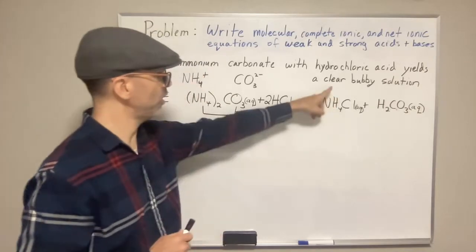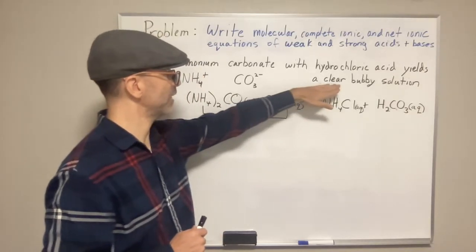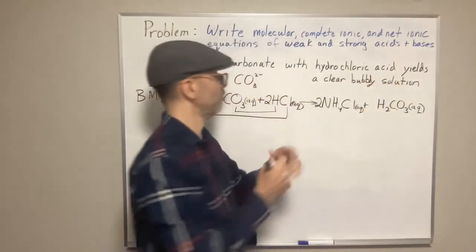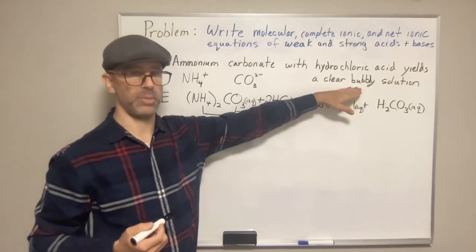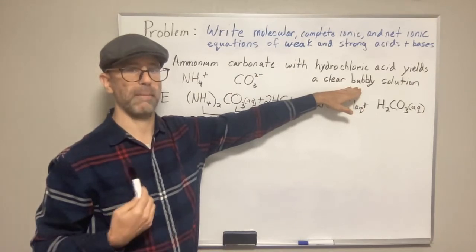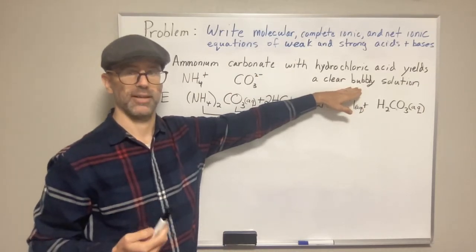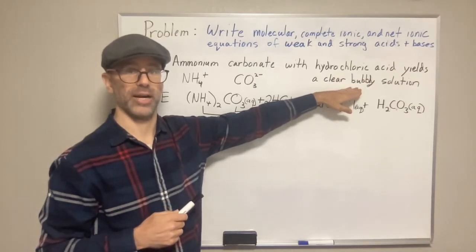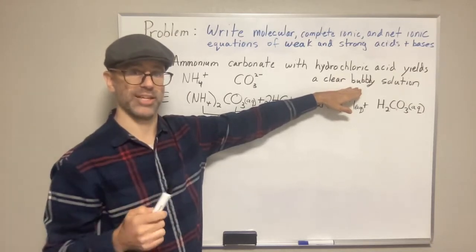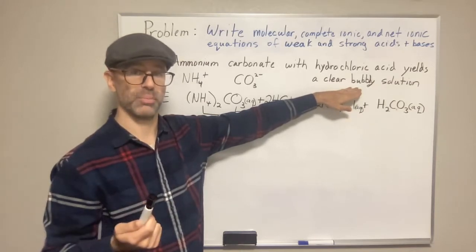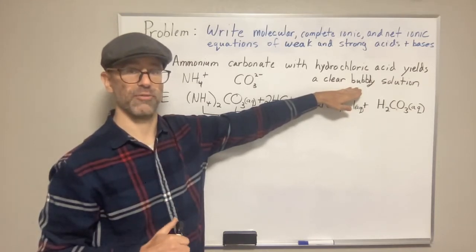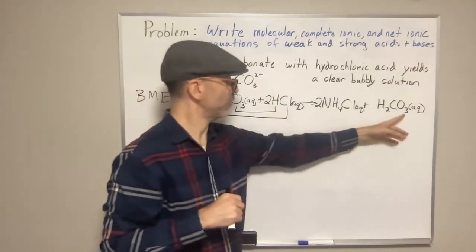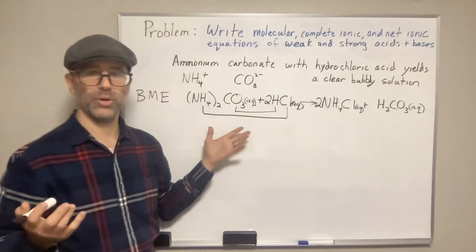But notice that it's saying it yields a clear bubbly solution. What does the bubbly mean in this case? Why is it bubbly? It's because there's a gas being formed, right? So whenever you have a reaction and it bubbles, a gas is being produced. That's an indication that you're forming a gas. But if we look here, there's no gas. Where's the gas coming from?